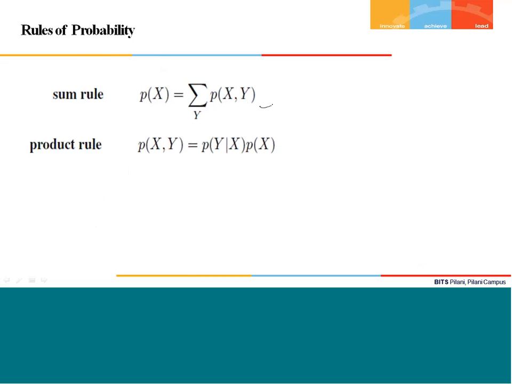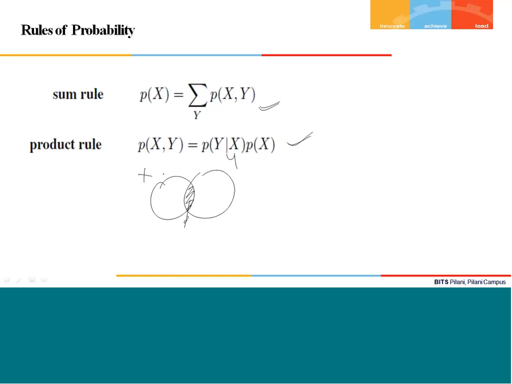So this is again the marginalization which we discussed previously, and this is the product rule. This is the joint probability distribution. Joint probability distribution means the probability of seeing X and Y. So we can say that the probability of X and Y is the probability of X times the probability of Y given X. For an example, this is X and this is Y, and somebody asks what is the probability of seeing X and Y together.